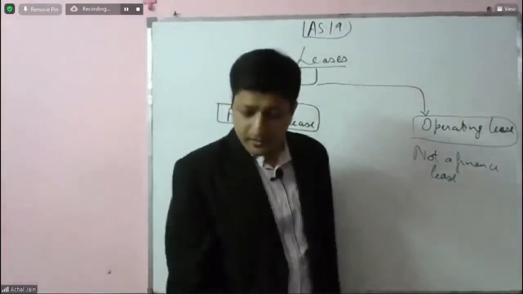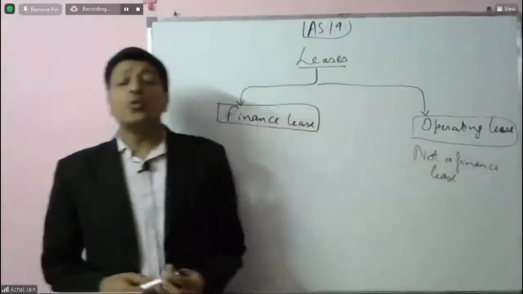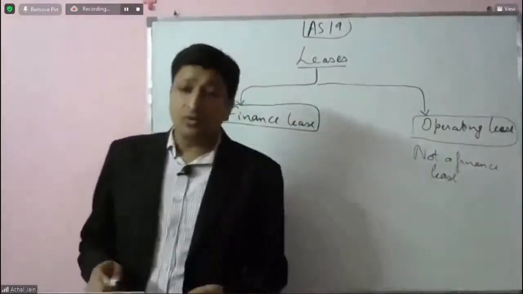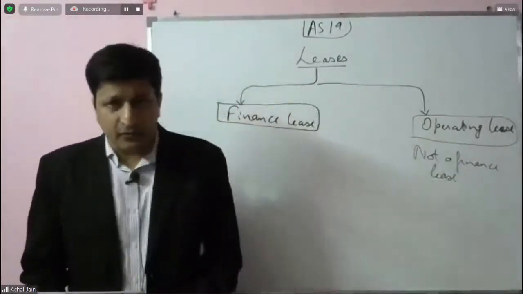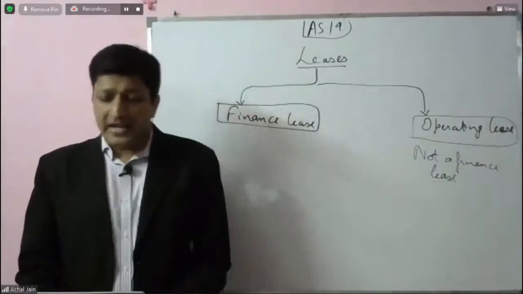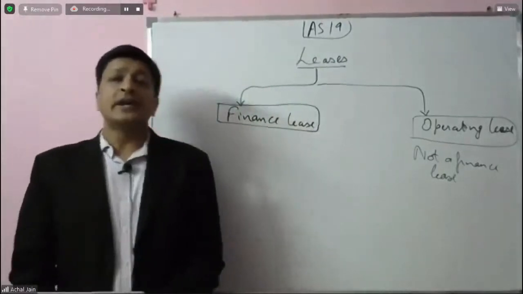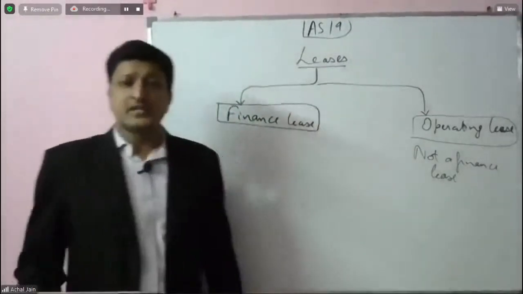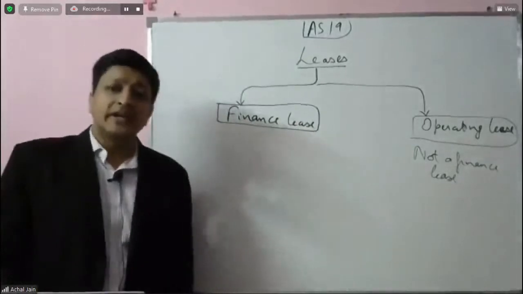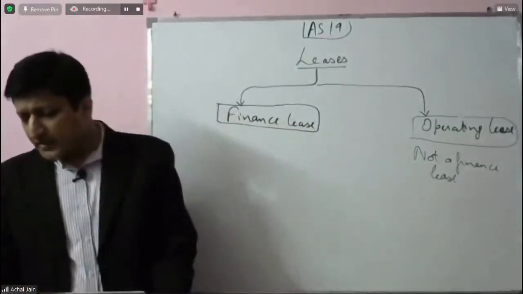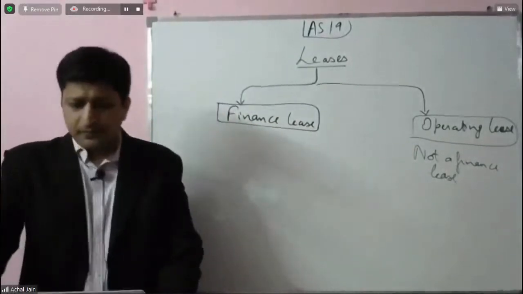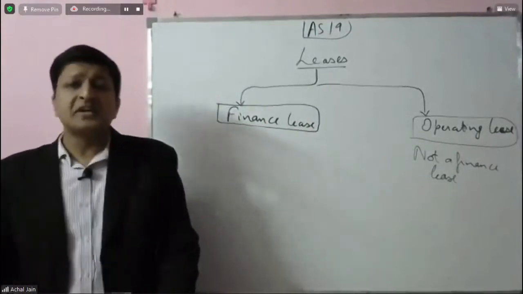Standard says that for you to identify the transfer of risk and rewards from the lessor to the lessee, there are a few indicators. Standard gives you 5 indicators plus 3 additional indicators.